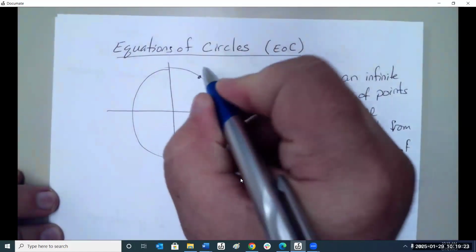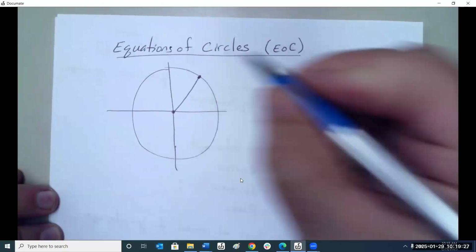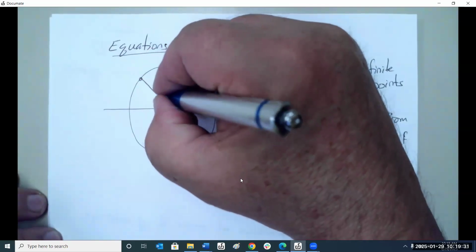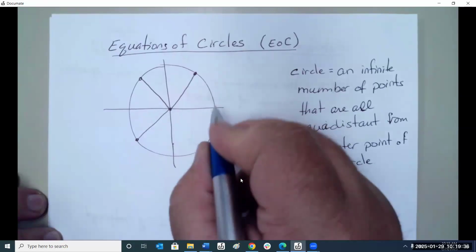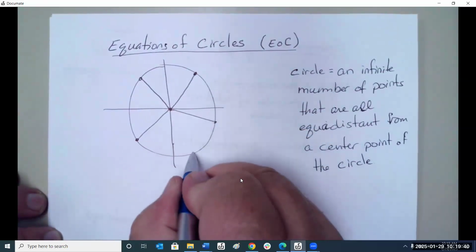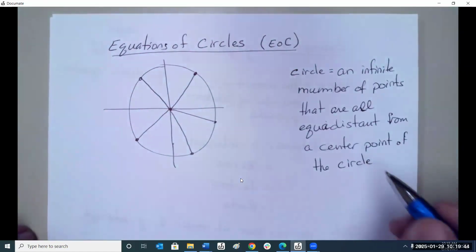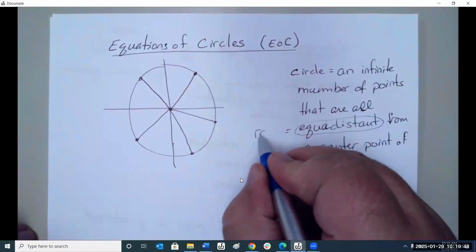Any point, here's a center, it's the same distance. What do we call that distance? The radius. Very good. So this equidistant equals the radius.